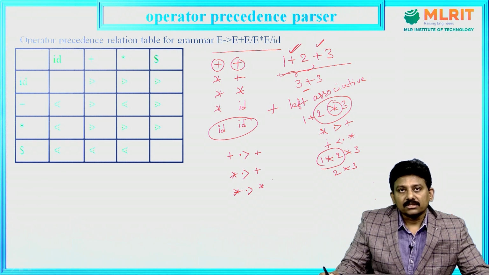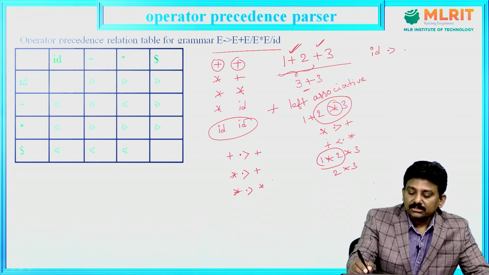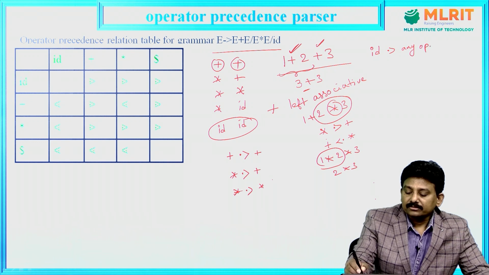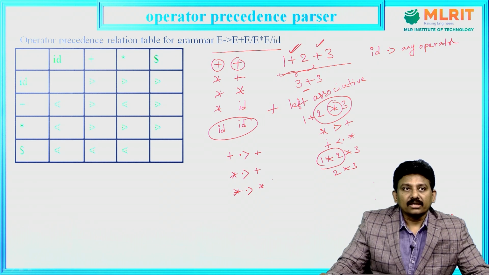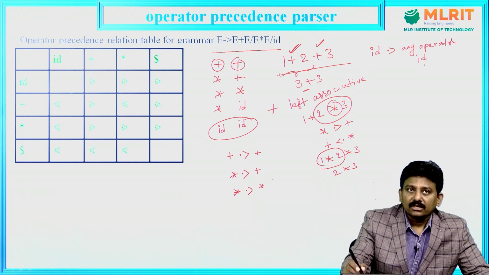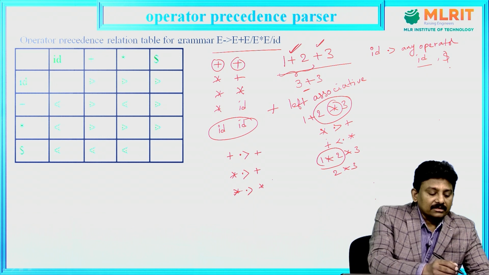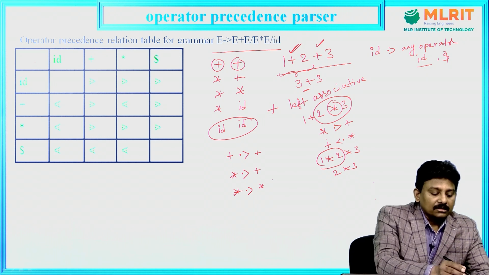The star operator is also left associative, and also identifier has more precedence than any operator or dollar. And also here we will take a table having rows and columns.